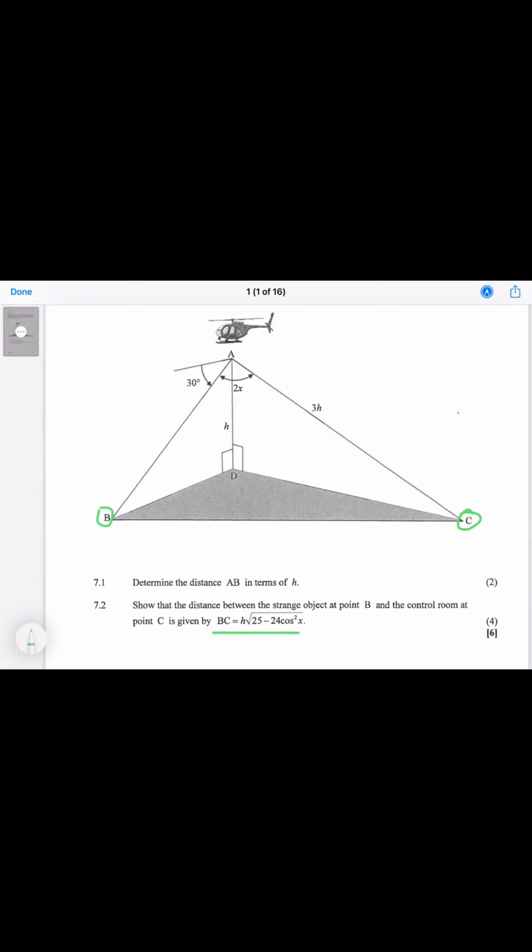Already, guys, before you even go far, you can notice something. You have a cos there, and you have a square root involved.